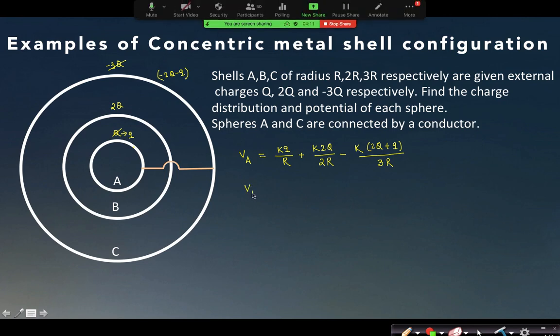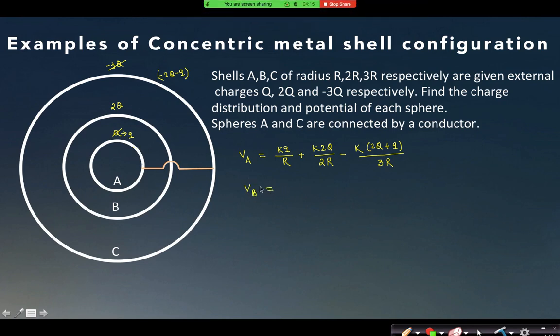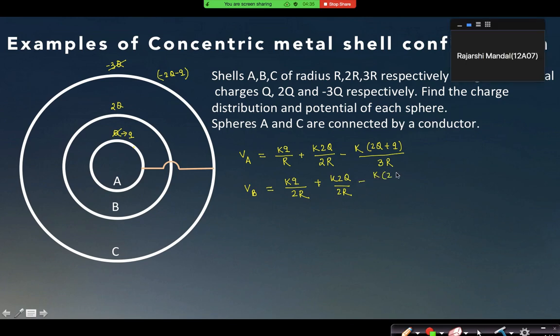What is the potential of shell B? As it is an external point of the small q, it is k into q by 2r, right? As this is the surface of shell B, it is plus k into 2Q by 2r, and as it is an internal point of shell C, it is minus k into (2Q plus q) by 3r.